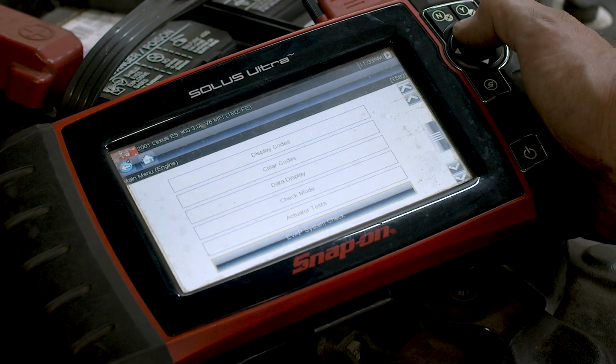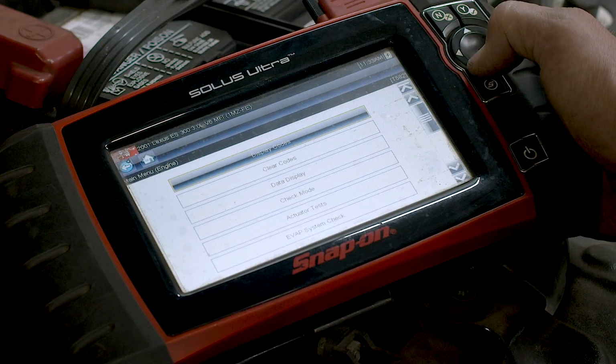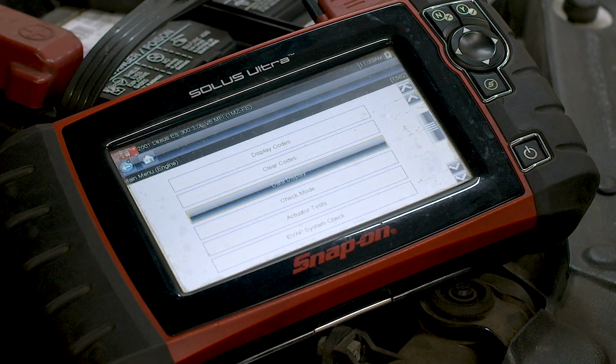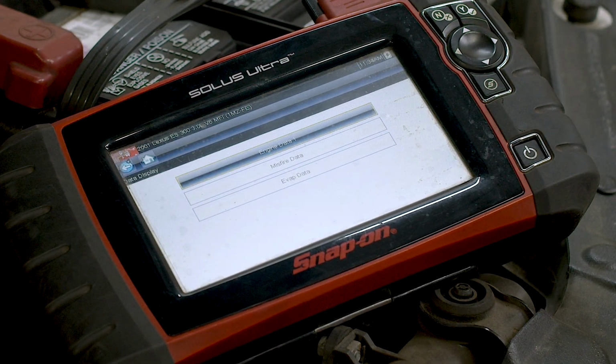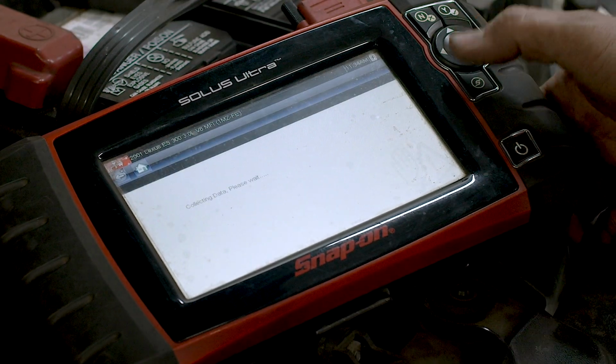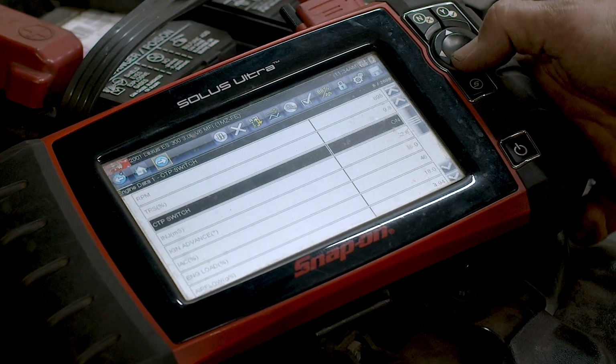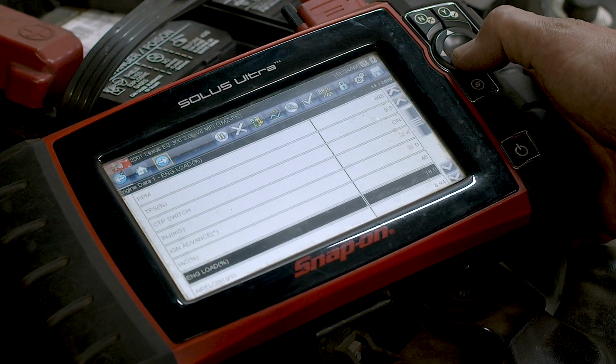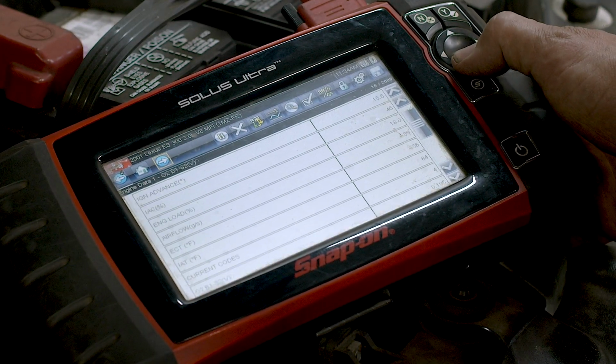So we're going to go to display data, then into our engine data. With the car just sitting here idling, we're going to find our fuel trims.